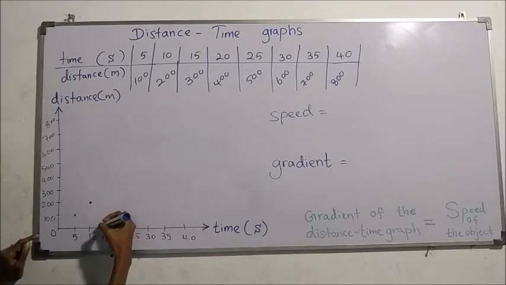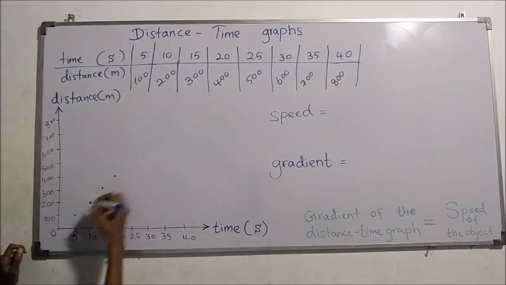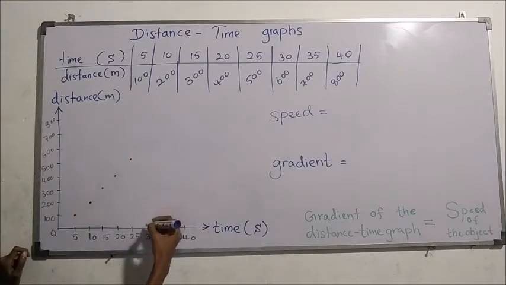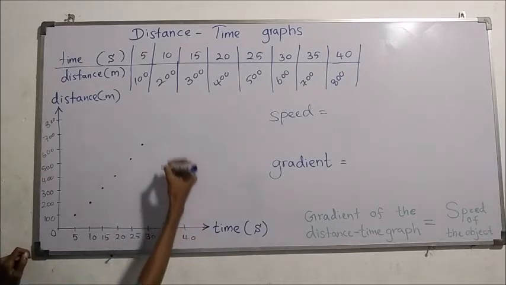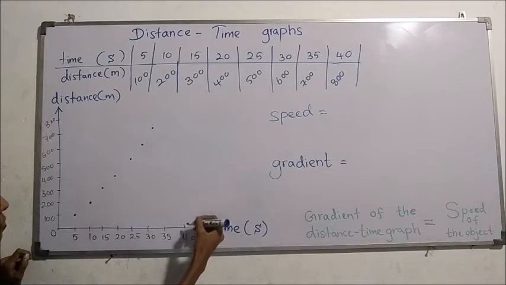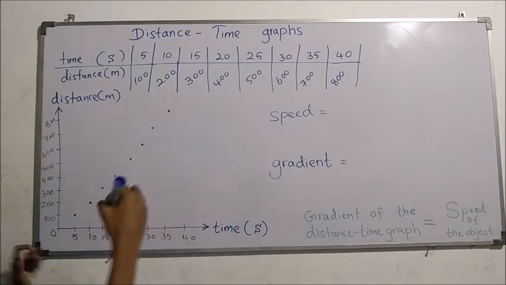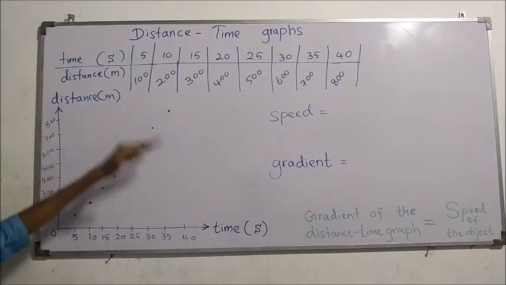Next, 15 to 300, 20 to 400, 25 to 500, next 30 to 600, 35 to 700, 40 to 800, likewise. If you are marking this on a square ruled book accurately, it will come out, though not like my diagram.